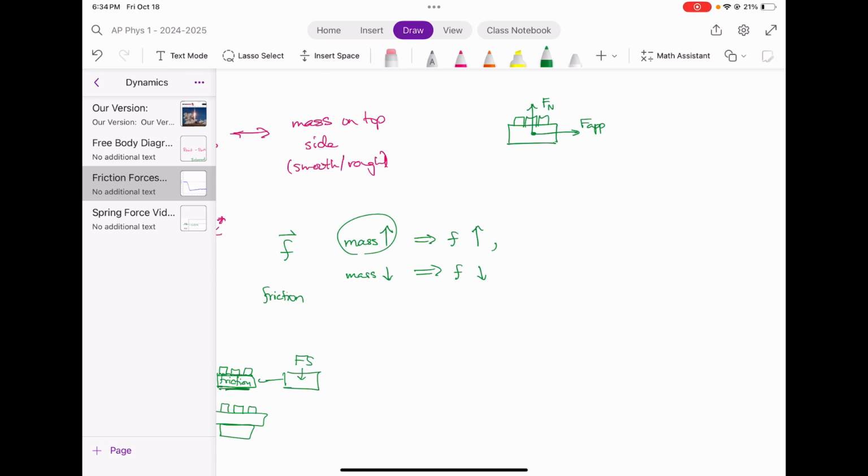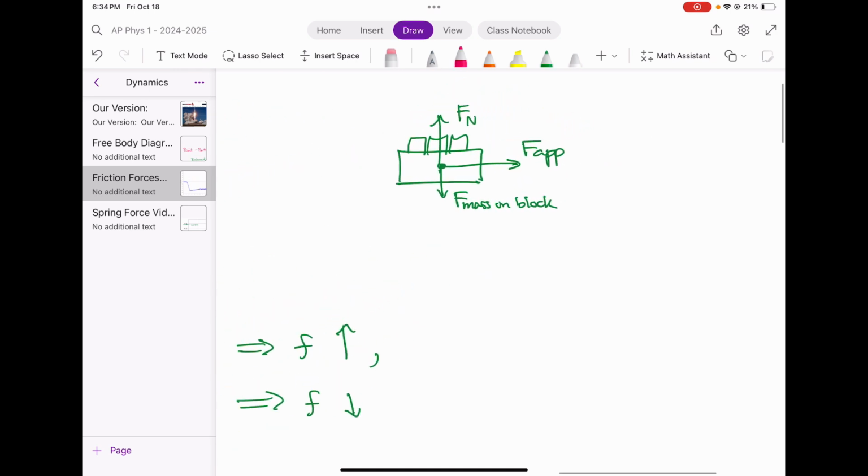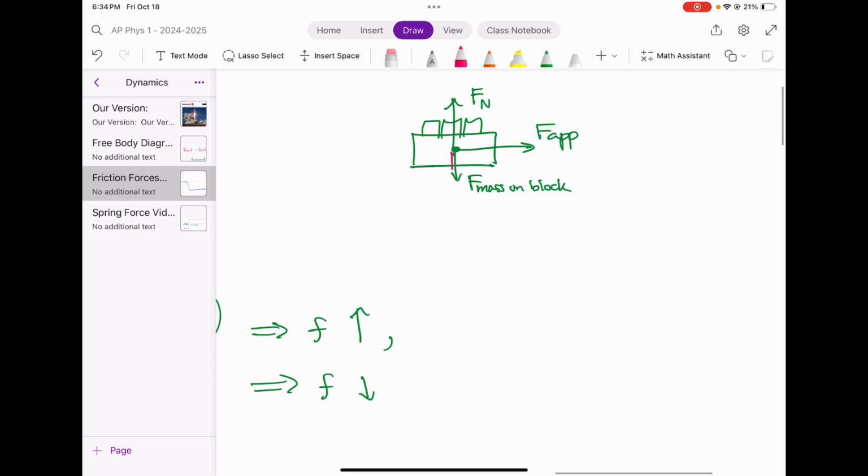So the mass is pushing down with some amount of force. So we could call this the force from the mass on the block. I know it's a really long name. And then, of course, the block also has some gravity to it as well. So maybe that looks like this.